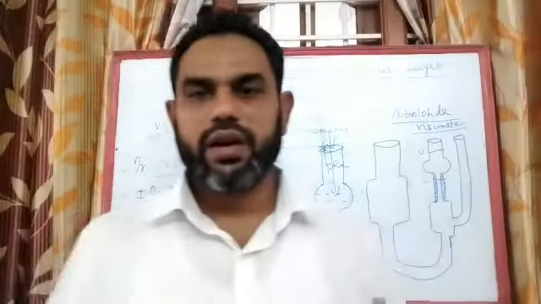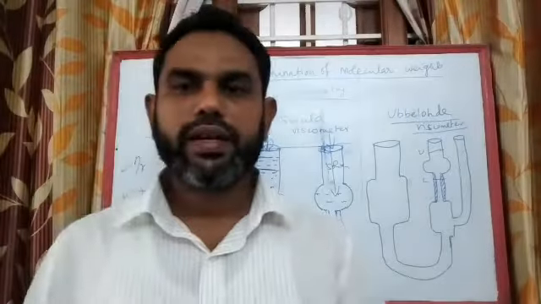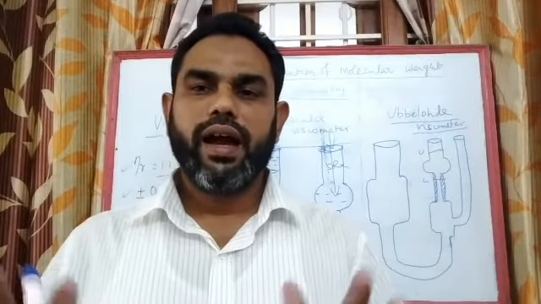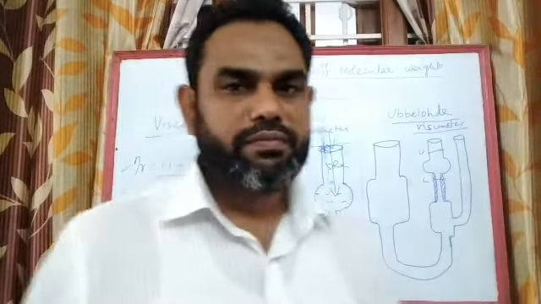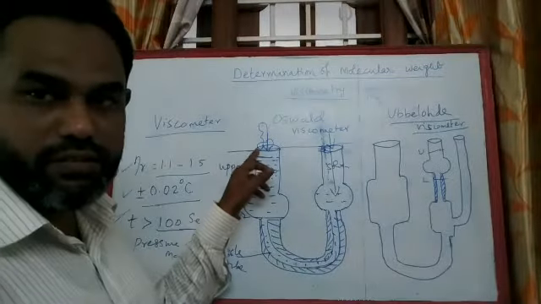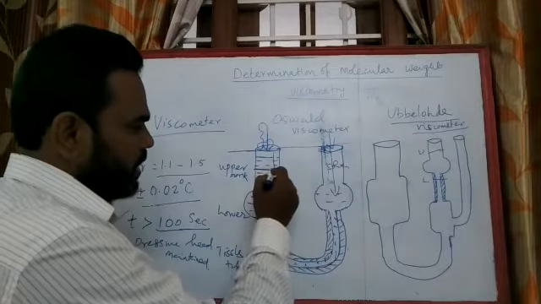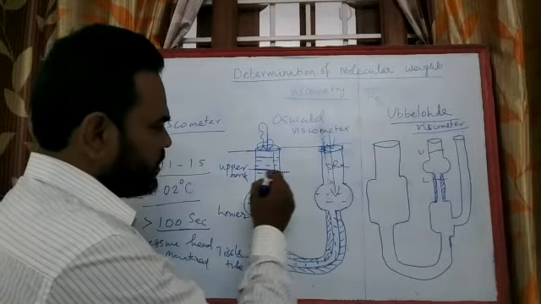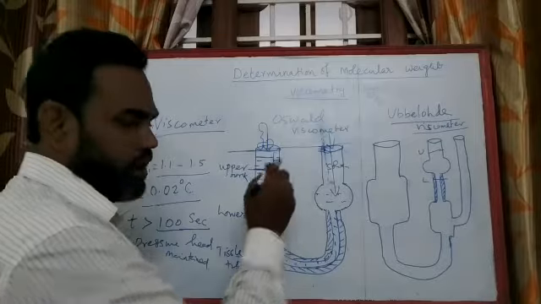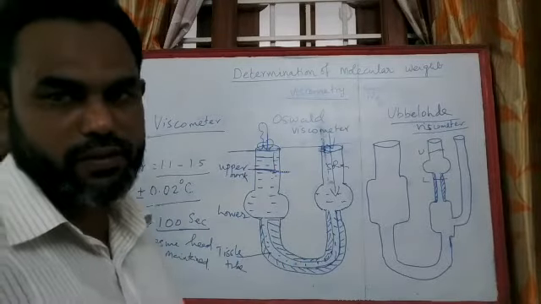Keep your stopcock ready, and then release the suction. The polymer solvent solution will slowly come down. When it comes to the upper mark, you can start the stopcock.